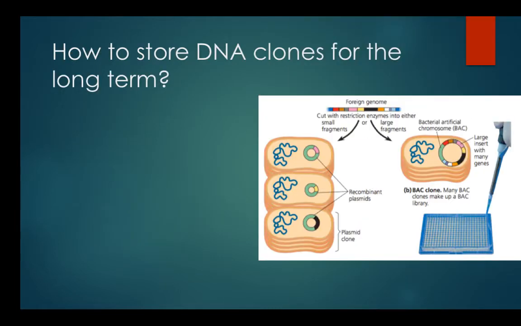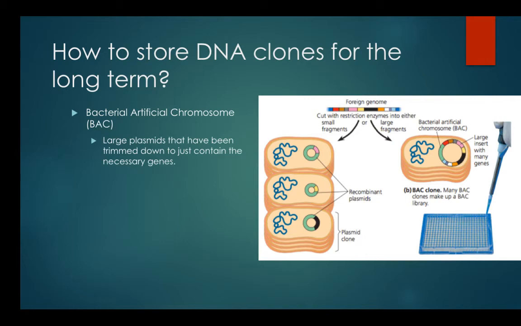So one question we have here also is, if we have DNA, how can we store it for the long term? And that's what it comes down to, something called a bacterial artificial chromosome. Basically, if you have a series of genes you want to study from an animal or a plant or a human, you can cut those genes up, and then put each gene into its own individual bacteria, like this, and then you can make clones of it.